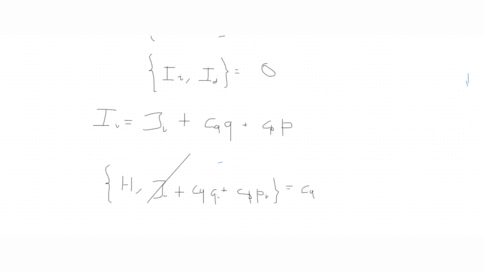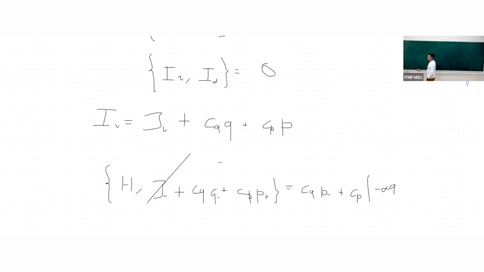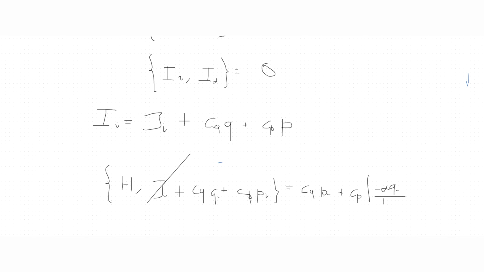And so {H, Q_i}, which is just P_i, plus the other term, plus C_P and the Poisson bracket between H and P_i, which is minus alpha Q_i over the norm of Q. Okay.